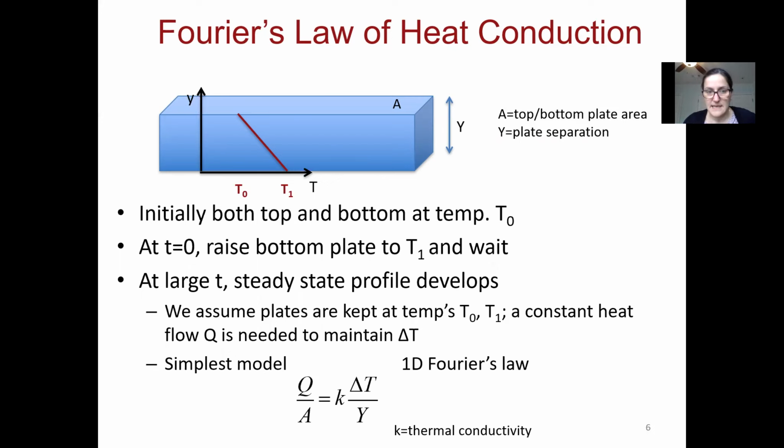And then the simplest model for this to happen is that the flux per area, we always have to normalize fluxes per area, is proportional to the difference in temperature, delta T, and inversely proportional to the separation between these two spots.